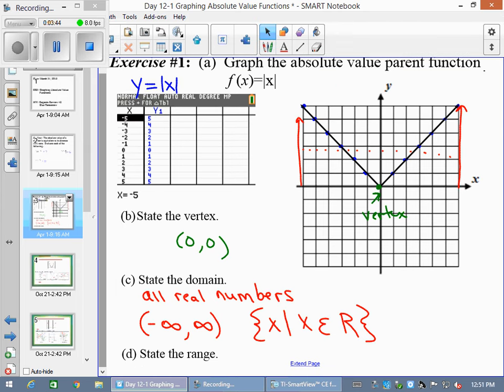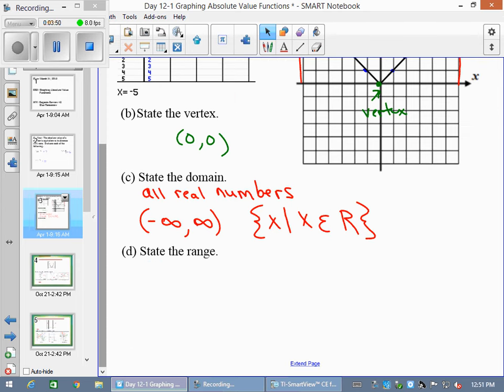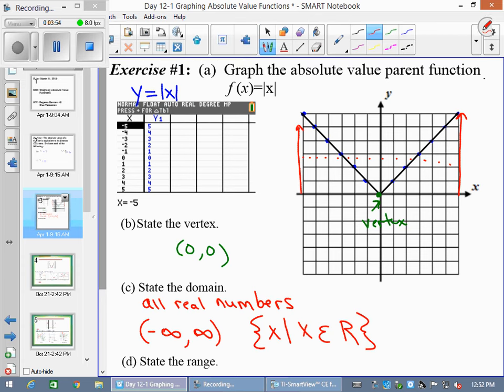For part D, you want to state the range. To find the range, you're looking from bottom to top. So when I'm looking at my graph, I'm looking from the lowest y all the way up to my highest y. So my lowest y on my graph is 0. And then when I look up to the top, I see arrows as well.